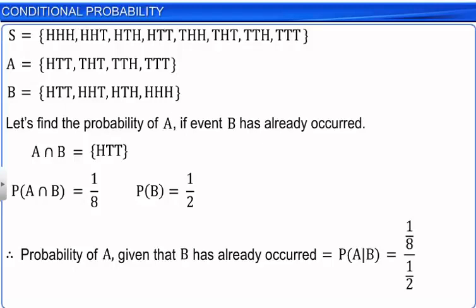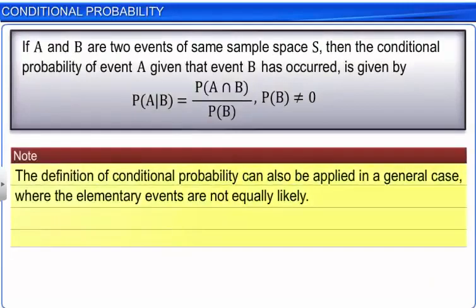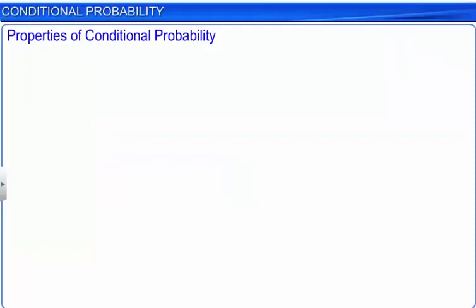On simplification, we get the probability of A given B as 1/4. Note that the definition of conditional probability can also be applied in a general case, where the elementary events are not equally likely. Let's now discuss the properties of conditional probability.